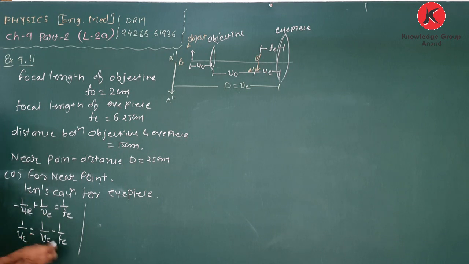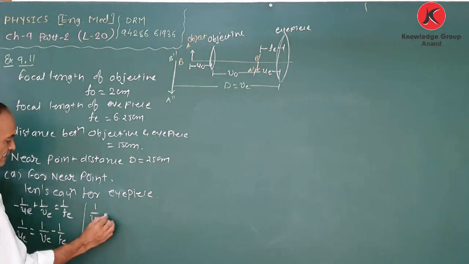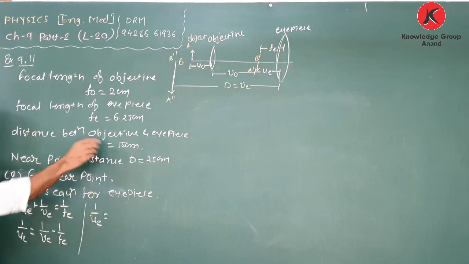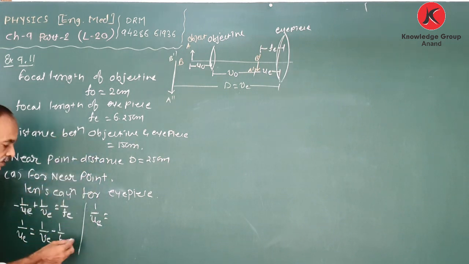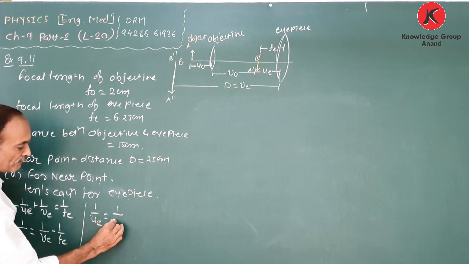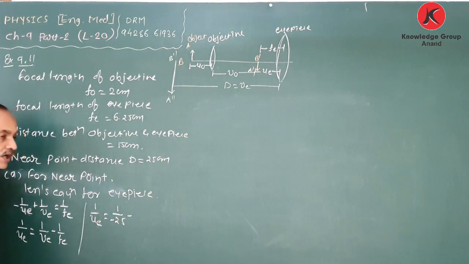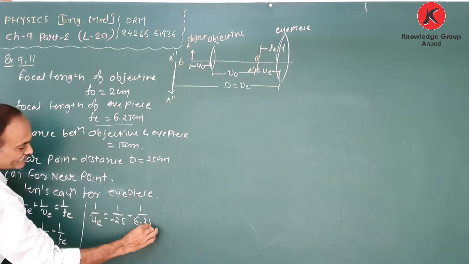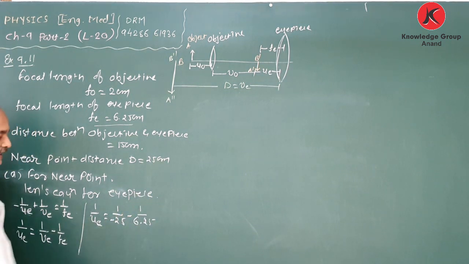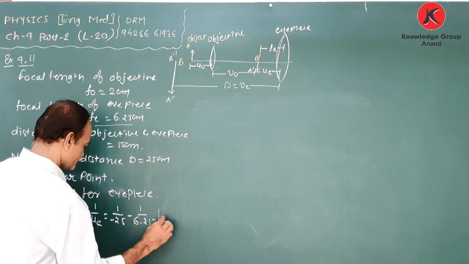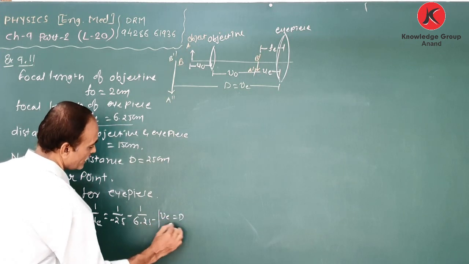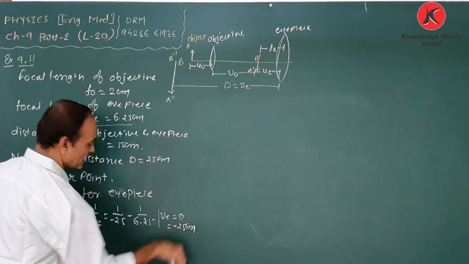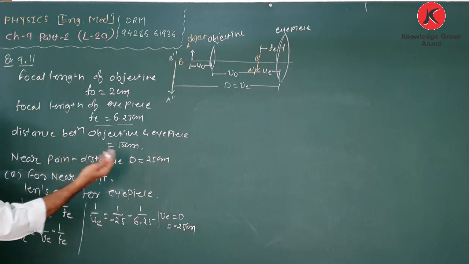Substitute the values. So 1 upon UE is equal to 1 upon V. V is our D, which is negative, therefore 1 upon minus 25, minus 1 upon 6.25, the focal length of the eyepiece. Here we are using this concept: V is equal to D is equal to minus 25 centimeter, because the image is obtained on the same side.